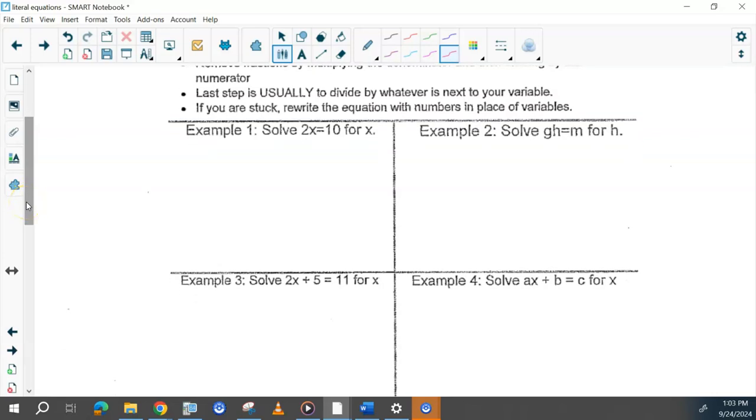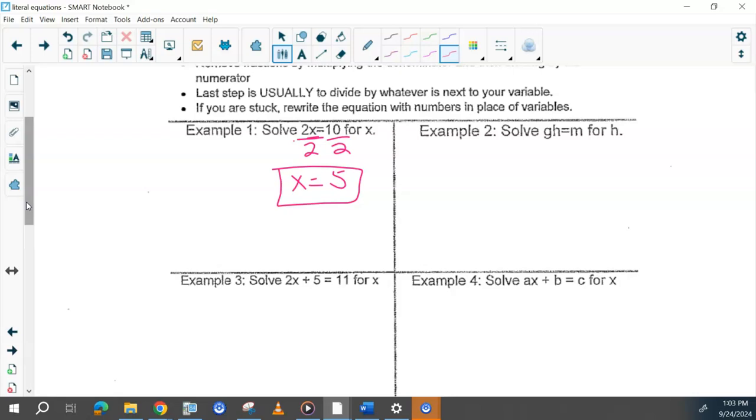So for example 1, how would I solve this for x? Divide both sides by 2, so that we get x equals 5, that is our answer. But now in example 2, we have gh equals m, and we're solving this equation for h.